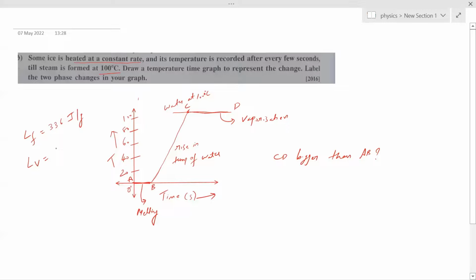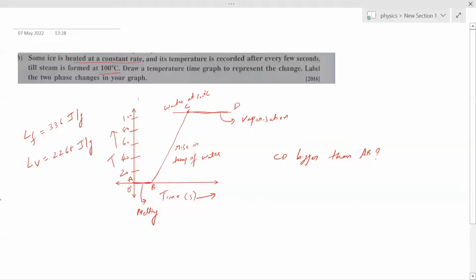Uh, 4.2. It is the specific heat of water. I am asking latent heat. Tanisha, you know the latent heat of vaporization? 2268 joule per gram.